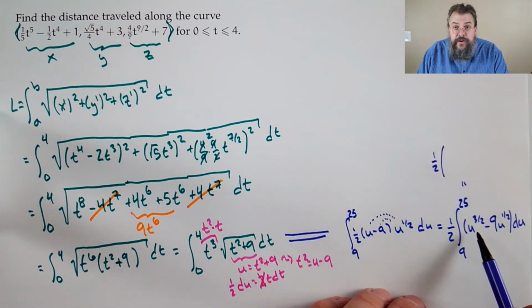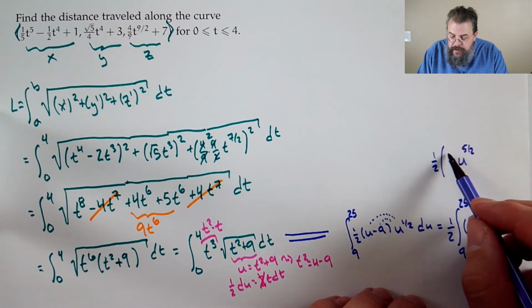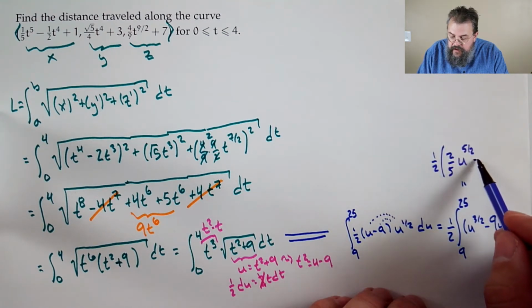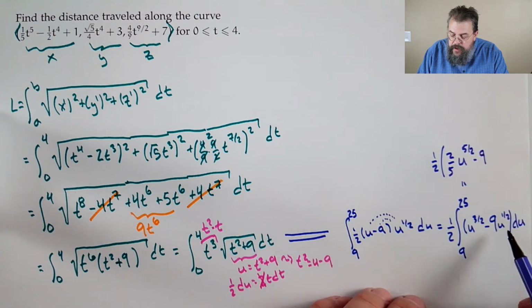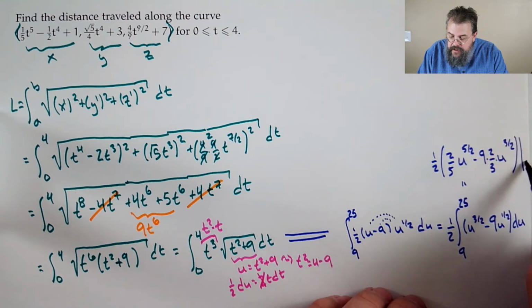So integral of u to the 3/2, well, add 1, that'll become to the exponent 5/2, multiply in front by 2/5. Then here, minus 9, add 1 to the exponent, u to the 3/2, multiply in front by 2/3. And we're going from 9 up to 25.